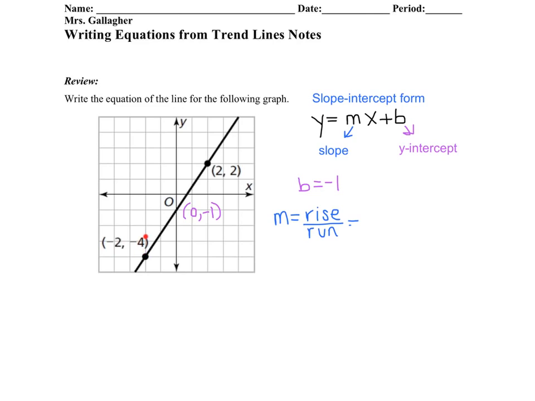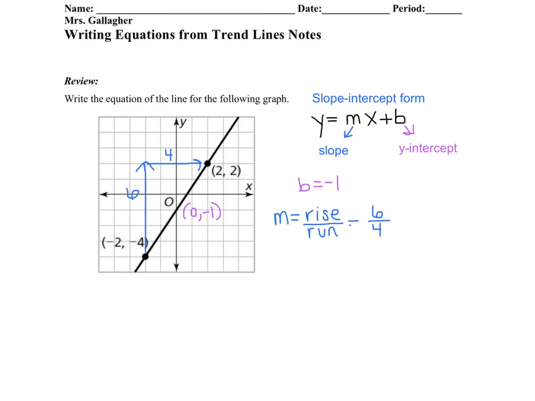So we're going to rise 1, 2, 3, 4, 5, 6. So we rose 6. And then we're going to run 1, 2, 3, 4. So we ran 4. Again, you rise 6 and you run 4.